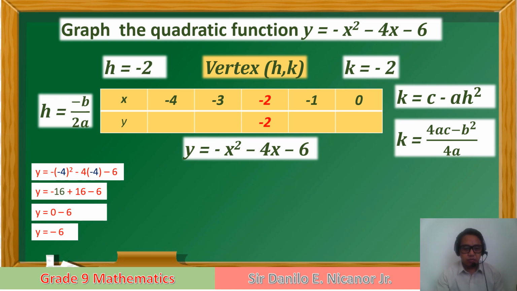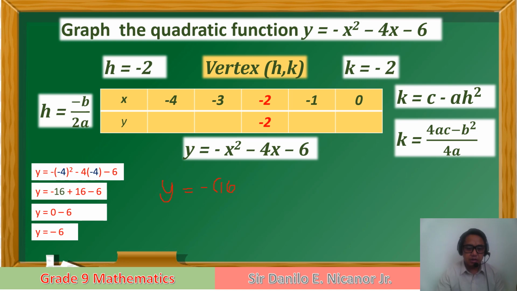If some are confused, why negative 6? Suppose this is your y. Negative times negative is positive 16, so this is plus 16.